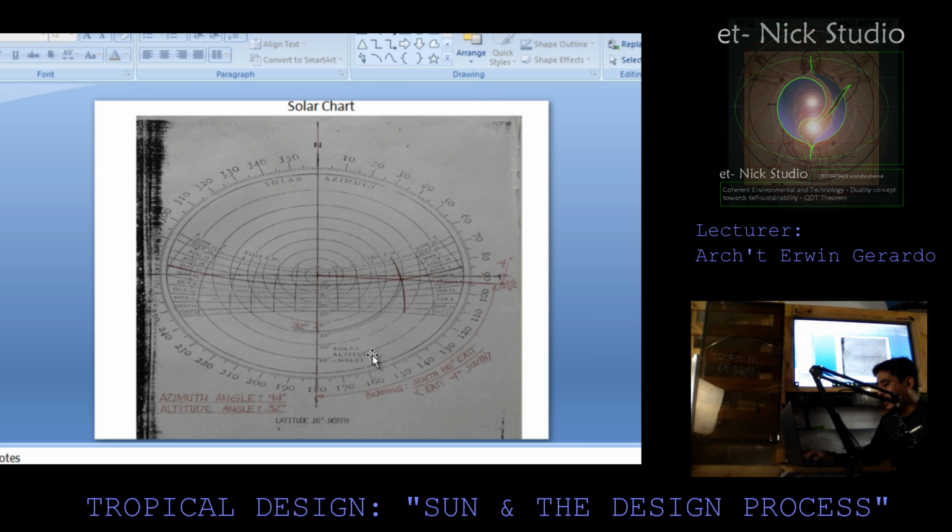While for the solar altitude angles, take note that from here, we begin from 10 degrees, 20 degrees, 30 degrees, 40, 50, 60, 70, 80, till we reach 90 degrees once again. So take note that we need to look at the time and month.